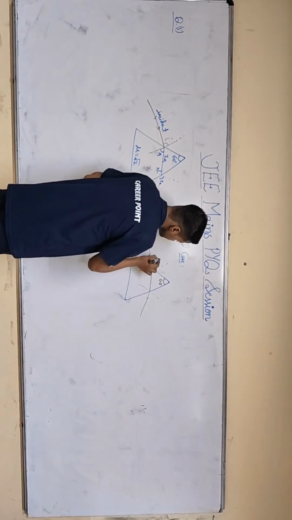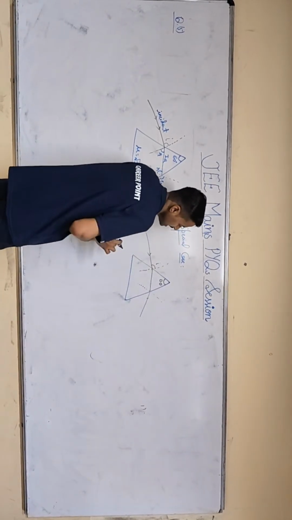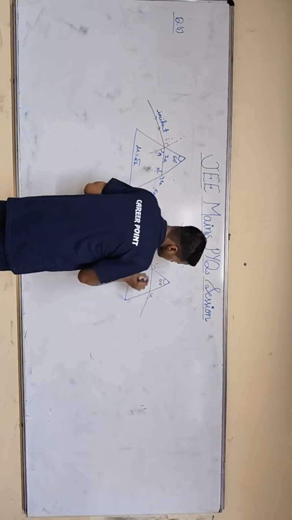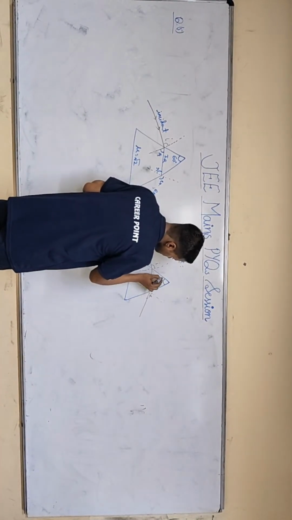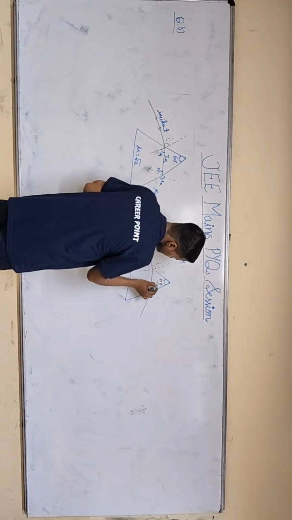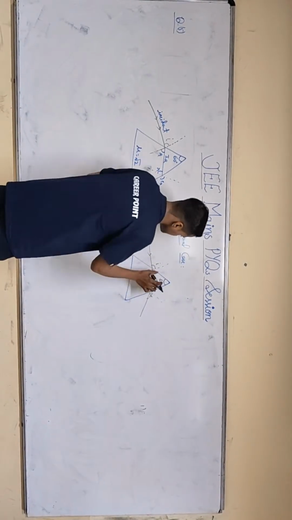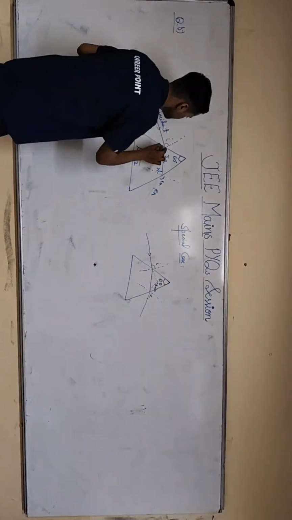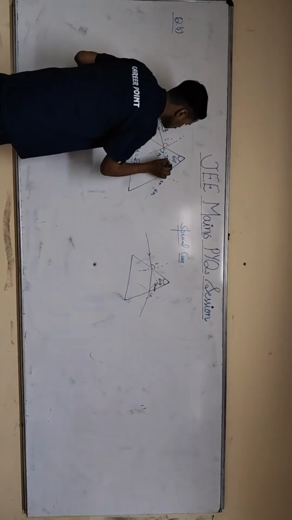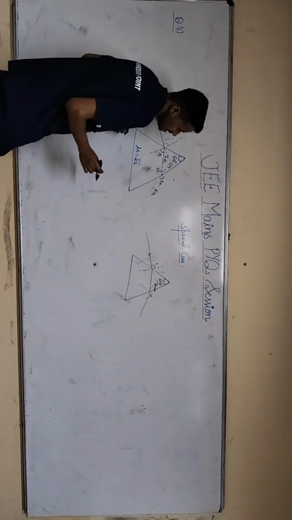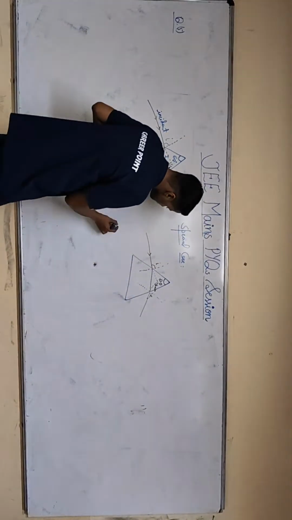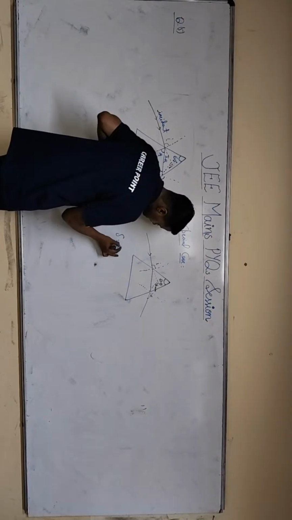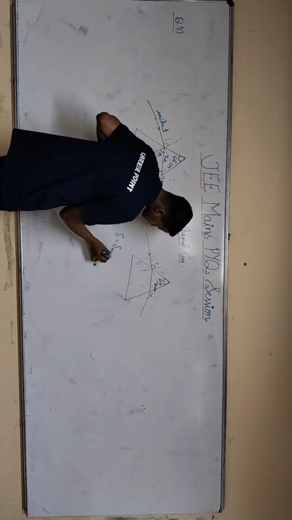This is the angle of incidence, and we have to calculate its value. This is the angle of emergence, and this is the minimum deviation. In the general case it is only deviation, but in the case of minimum deviation it becomes the minimum deviation.